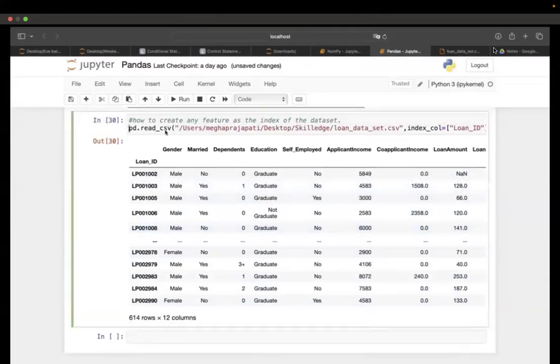Look into this very carefully: I'm not saving this into a variable. It is just a normal command running to show you how you can create any column as your index. Getting it? Any questions? Are we good?